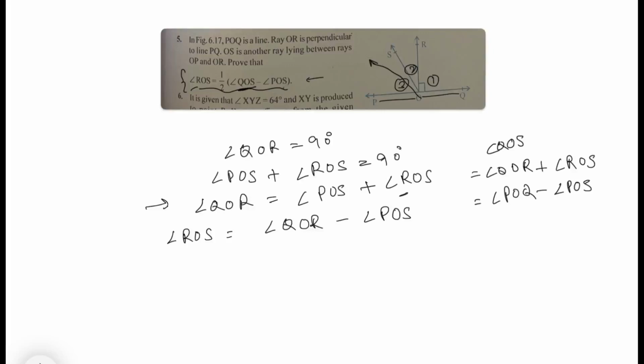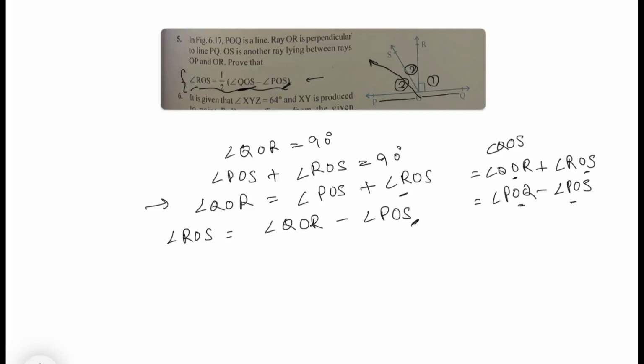Now here there's POS, here there's POS. So we are getting closer to what we are supposed to prove. Now QOS we have to bring here, right? So QOS is equal to POQ minus POS or QOR plus ROS. So we need POS in our equation, okay?